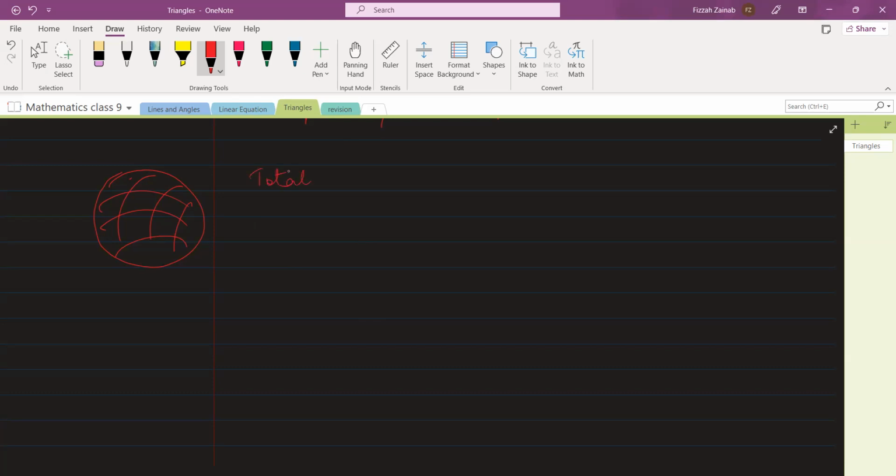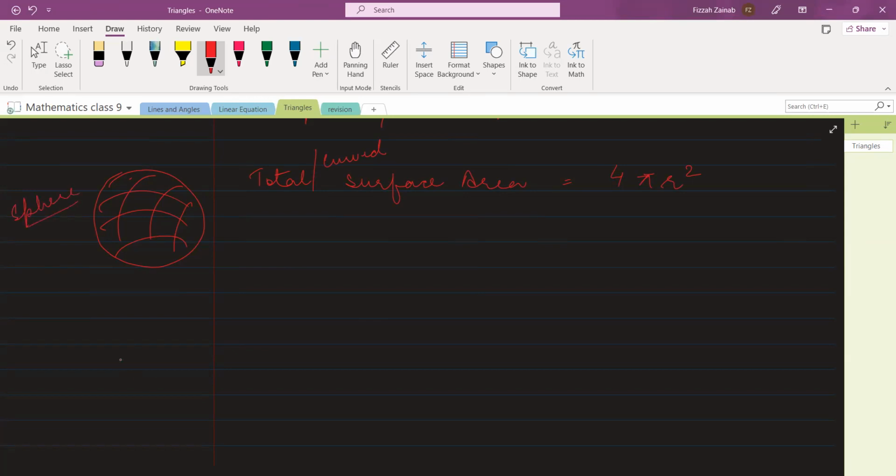So total surface area is equal to 4 pi r square, or you can write curved. Both are the same thing for sphere. Curved also, total also, it's the same for sphere, that is 4 pi r square. Understand, Jaslyn?